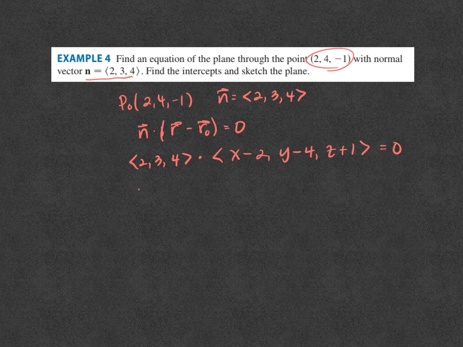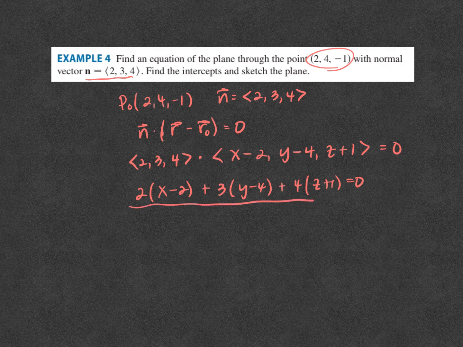So now I have 2 times (x minus 2) plus 3 times (y minus 4) plus 4 times (z plus 1) equals 0. Now this is our scalar equation of the plane, and you have to look at which form they're looking for. So this is our pretty scalar equation of a plane.